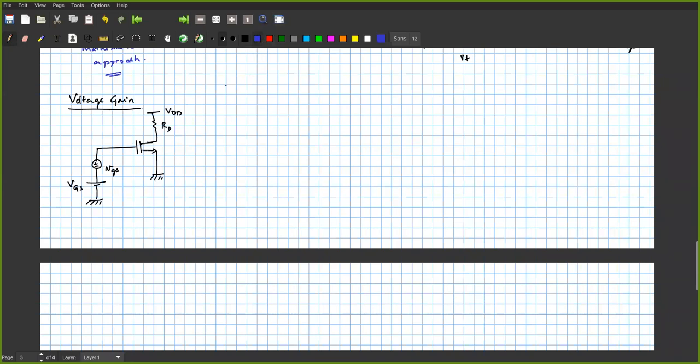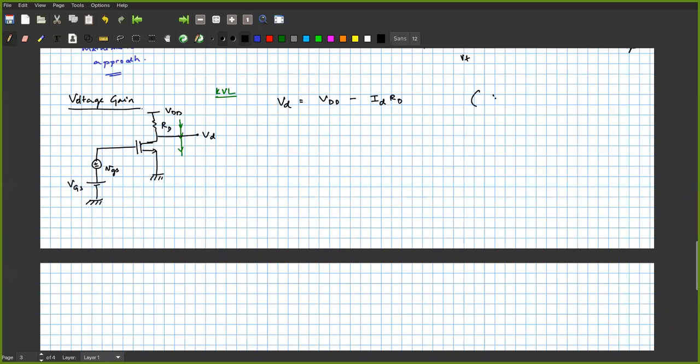For this, if I apply KVL like this, what I get is, before that, this voltage is actually vD, not capital D, small d. So if I apply KVL in the direction, I get VD is equal to VDD minus instantaneous drain current into RD.